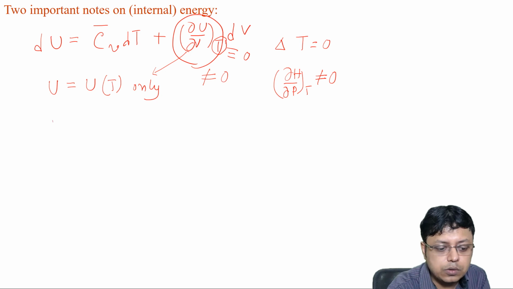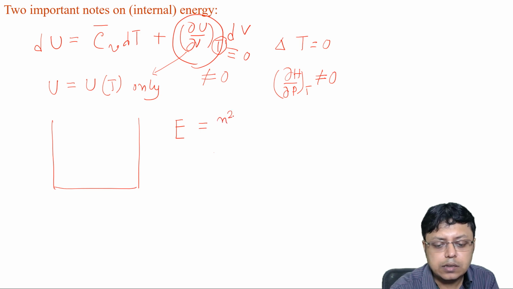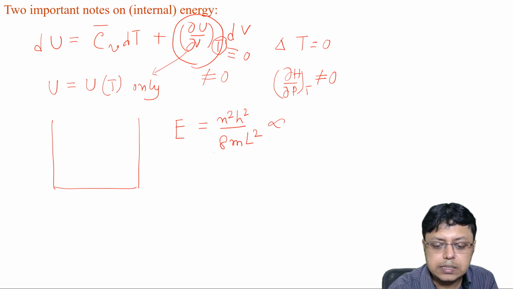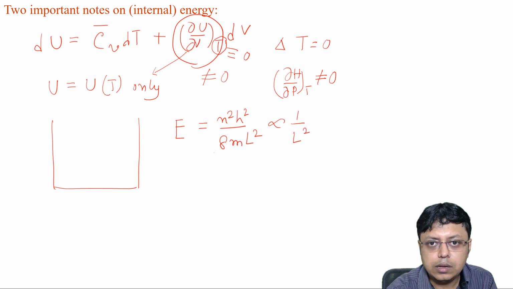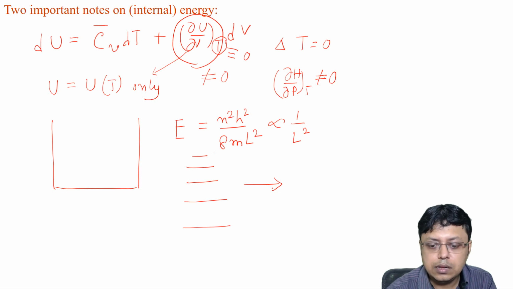Remember, in a one-dimensional particle in a box, the expression for energy is n squared h squared by 8 m L squared, where n is the quantum number, h is the Planck constant, m is the mass of the particle, and L the length of the box, which means energy is proportional to the inverse of length squared. So if you change the length of the box, or the volume as such, then the energy levels should also change, which means if this is the initial set of energy levels, if I increase L, the energy levels should come closer together.